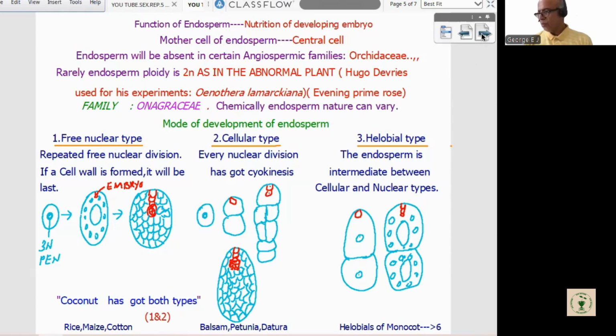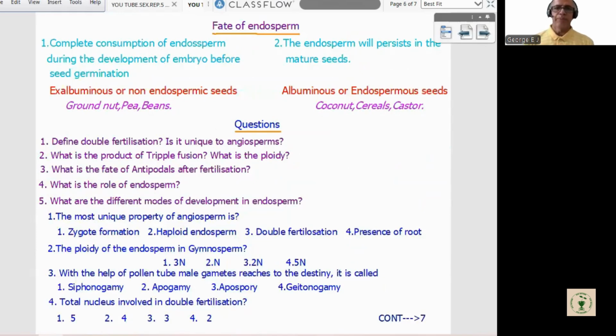Now next is the fate of endosperm. Endosperm, we know, is a nutritive tissue for the developing embryo. There are 2 ways by which endosperm can be consumed. One, complete consumption of endosperm during the development of the embryo, before seed germination.